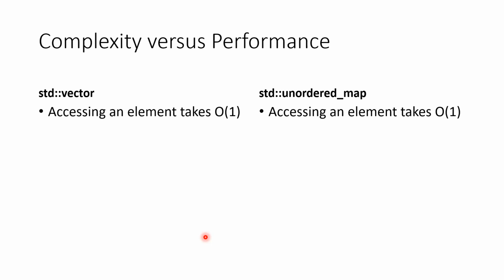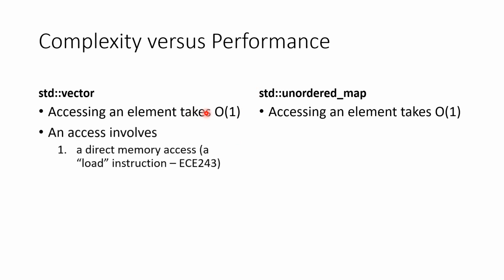Then we are left with vector and unordered map. Both of them can access one element within O(1) time. For vector, an access will be a direct memory access, which is a direct load instruction to the memory. And the load instruction will be covered in ECE243.